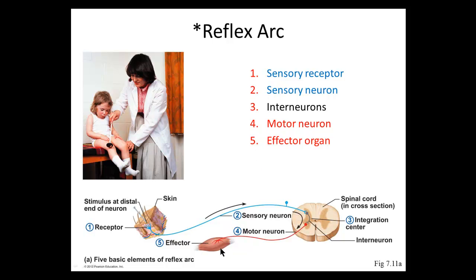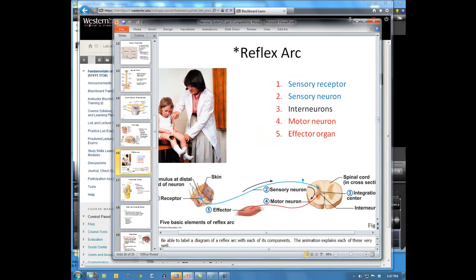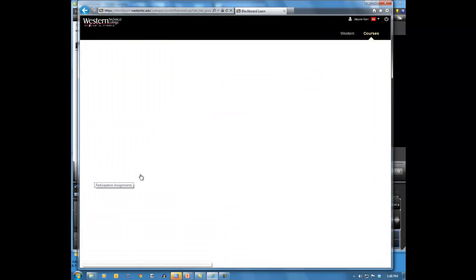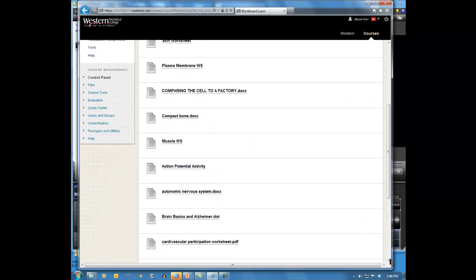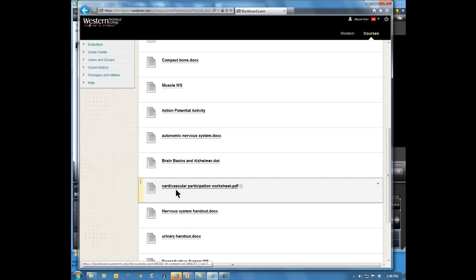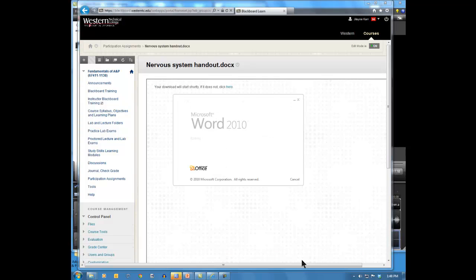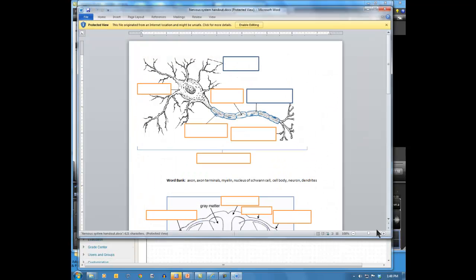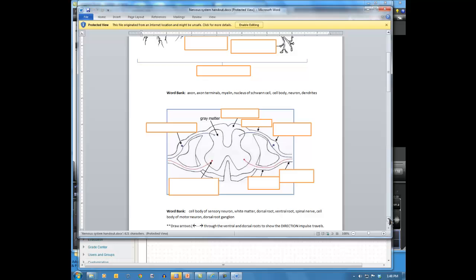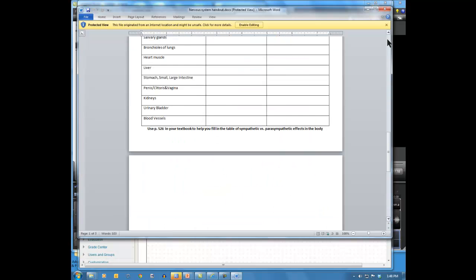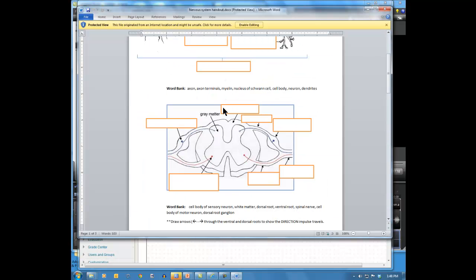Let's see if we can go and find that here. This is under participation assignments. It's the nervous system handout. So we have here, this would be the posterior column.